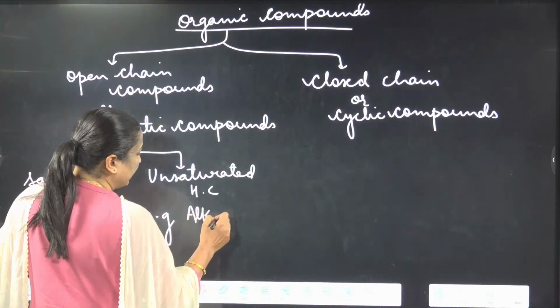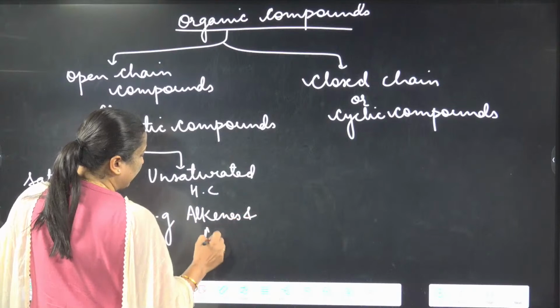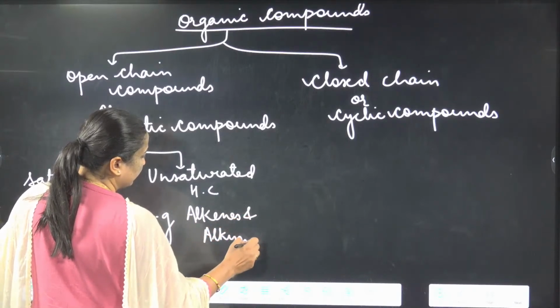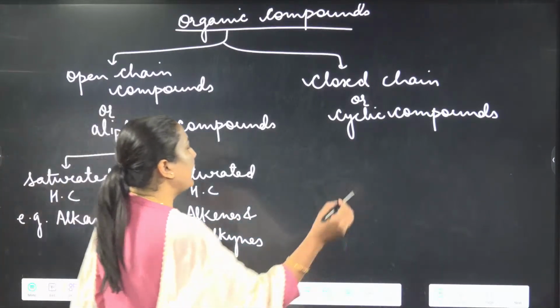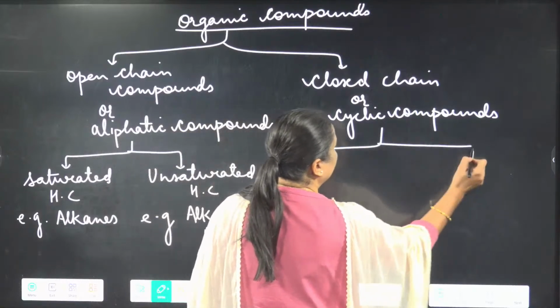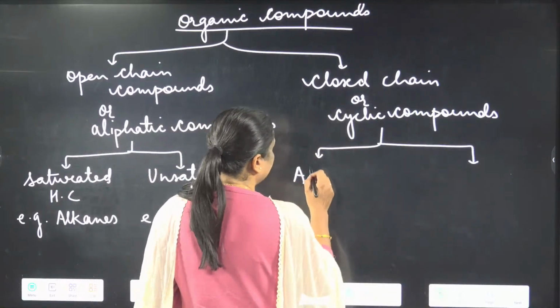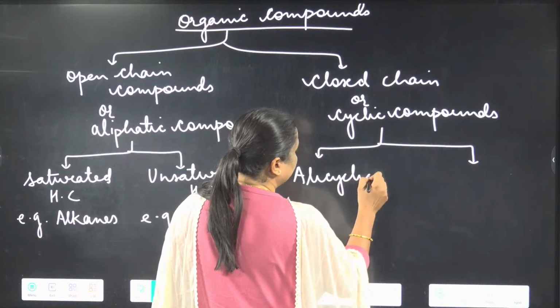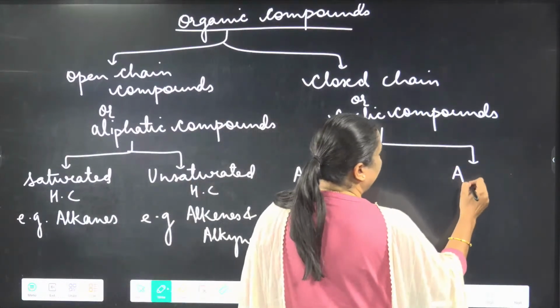For saturated hydrocarbon the example is alkanes, and for unsaturated hydrocarbon you have alkenes and alkynes. Now when it comes to cyclic, again you have two major types, alicyclic and aromatic.